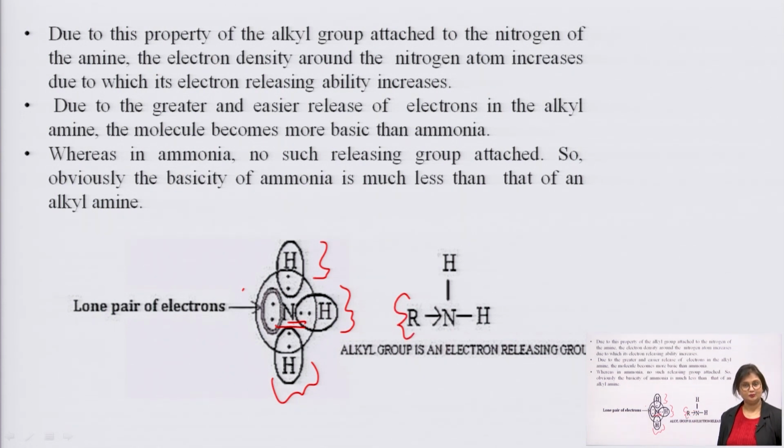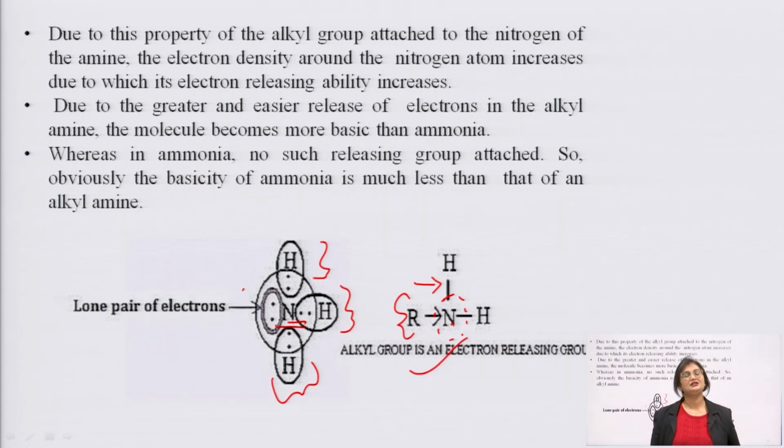This alkyl group helps in sharing its electrons towards the nitrogen atom, hence increasing the electron density around the nitrogen atom, thus imparting more basicity to the primary amines. Hence, primary amines are more basic when compared to ammonia, or alkyl amines are more basic.